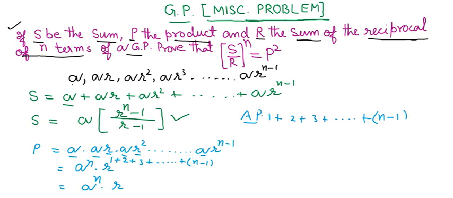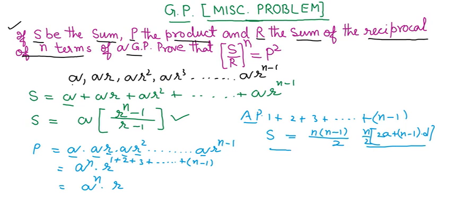So by using the sum of an AP, with the formula n minus 1 by 2 into 2a plus n minus 1 into d, we will get the sum as n minus 1 upon 2.